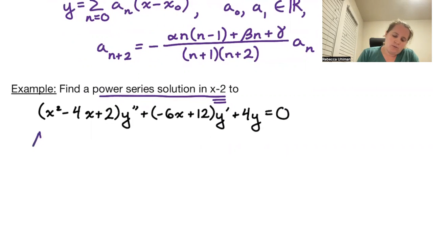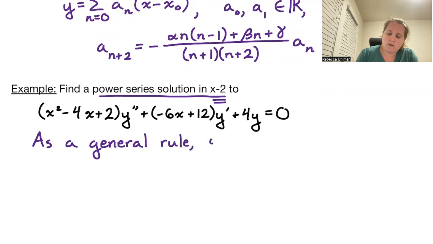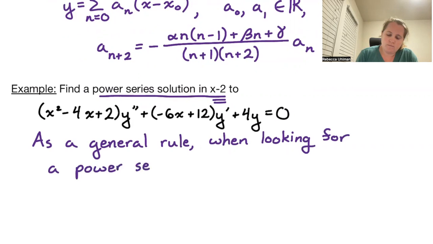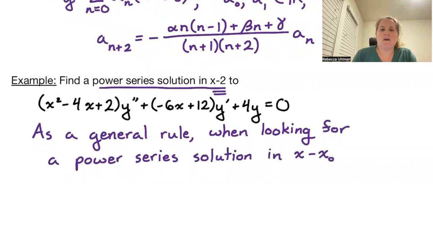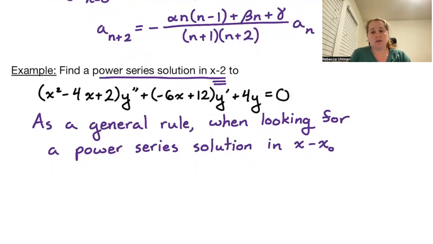So as a general rule, when looking for a power series solution in x minus x naught, rewrite the polynomial coefficients in powers of x minus x naught.